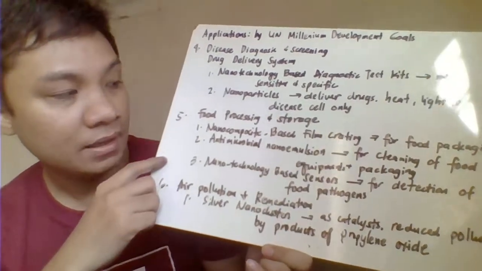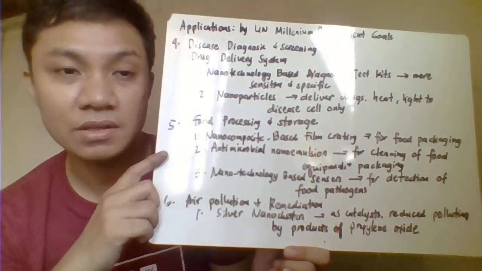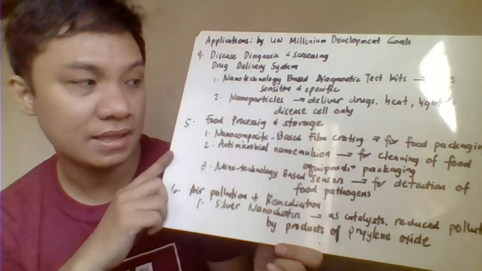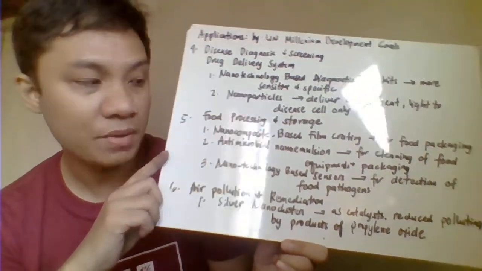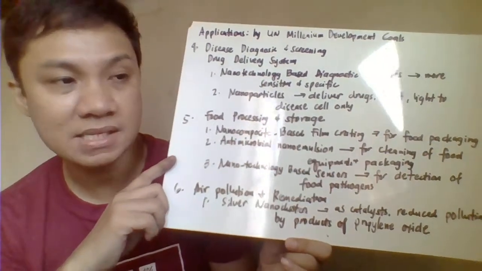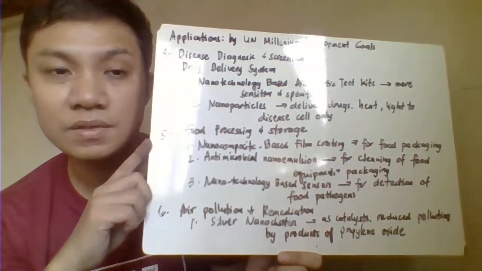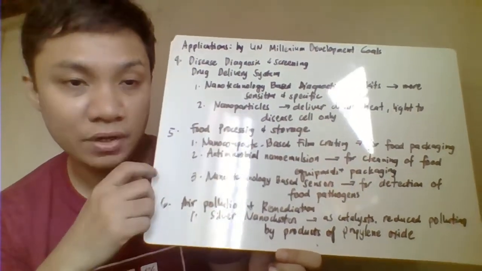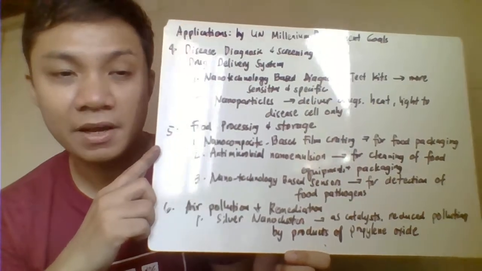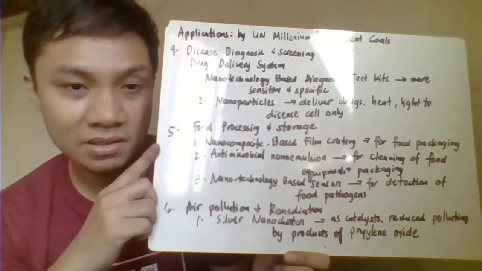Another one, we could also apply nanotechnology in food processing and storage. One of that, we have nanocomposite-based film coating that's being used for packaging of food. Another one, we have antimicrobial nanoemulsions.